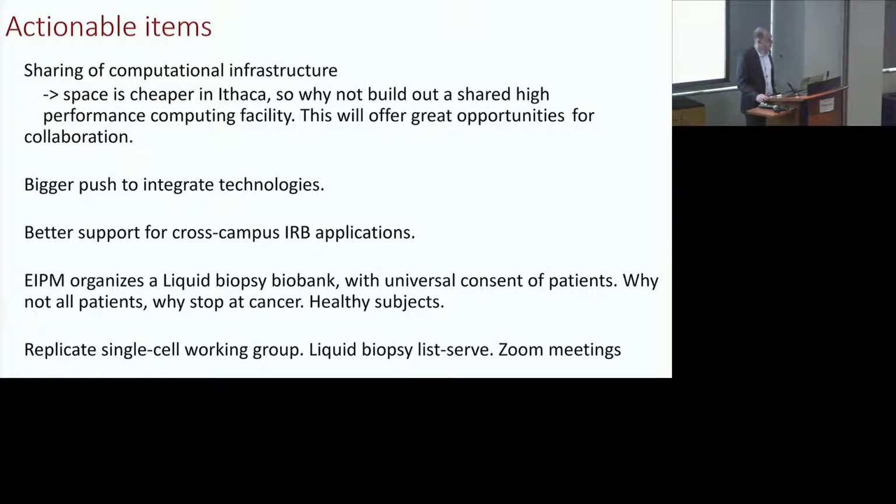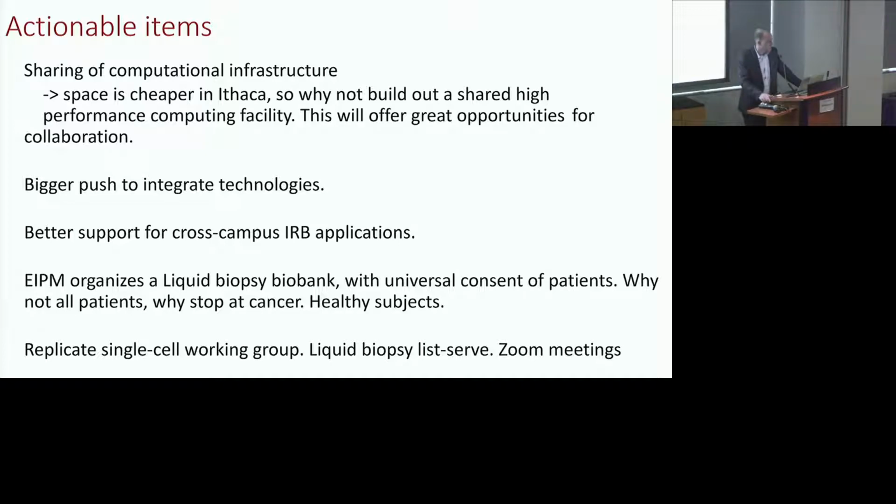There should be a bigger push to integrate technologies. At meetings like these, we sometimes discover that we're collaborating with the same physicians, looking at similar questions, using different technologies, and so there's a big opportunity to integrate these types of technologies and measurements more that we should not overlook.